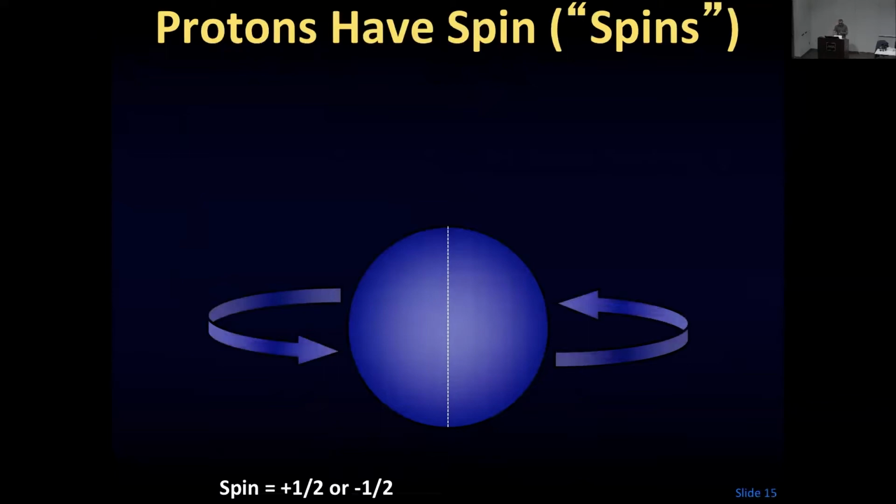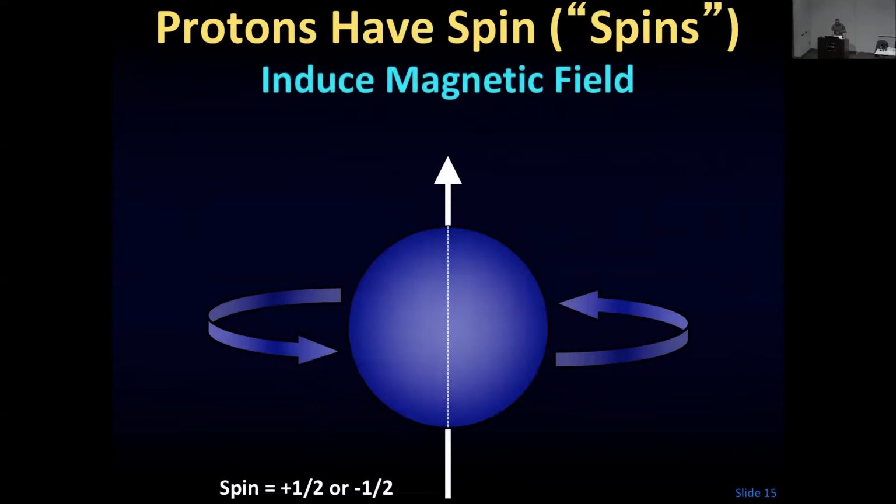The magnitude of the spin is always 1/2, and that's a quantum mechanical derivation. Now, importantly, because of spin, this spin induces a magnetic field. And the true explanation is quantum mechanical, but for us who don't understand quantum mechanics, we can just sort of think of the following.